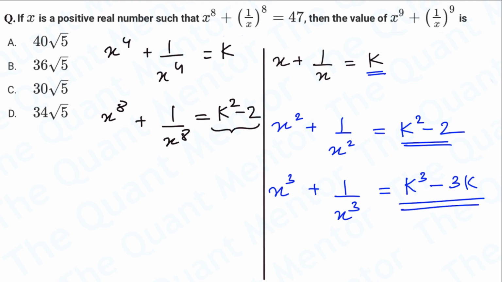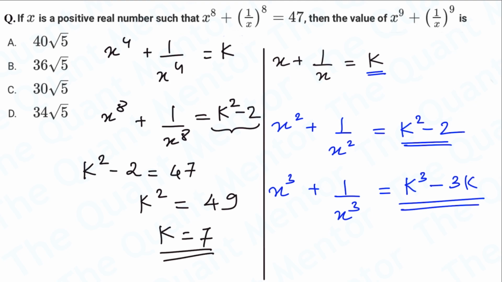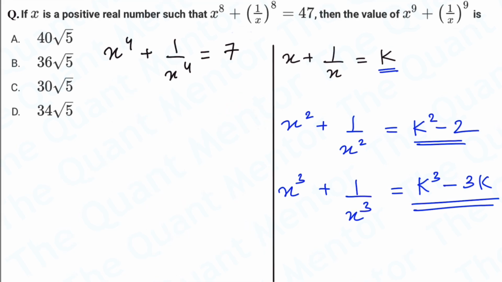So we know that k square minus 2 is 47, or k square is 49. K can be plus or minus 7. But since x is a positive real number in all these cases, I will stick to k is equal to 7.